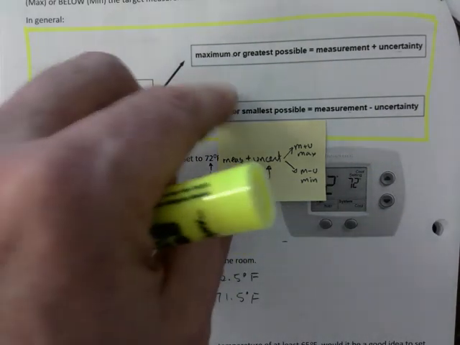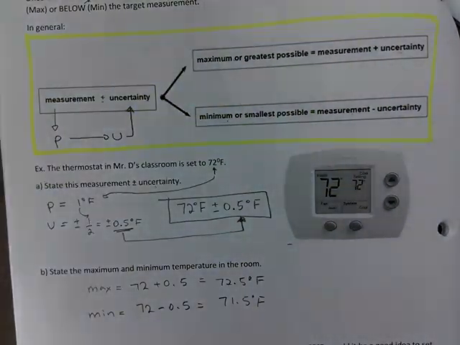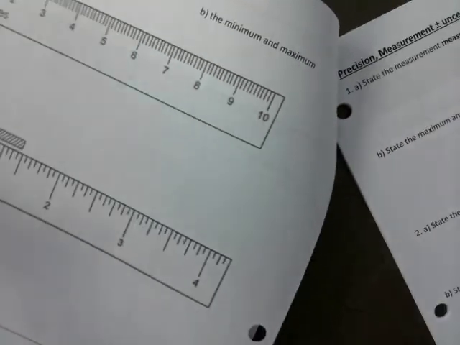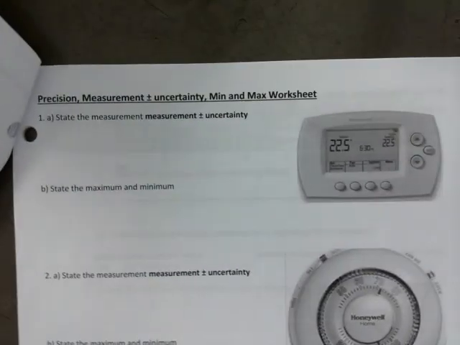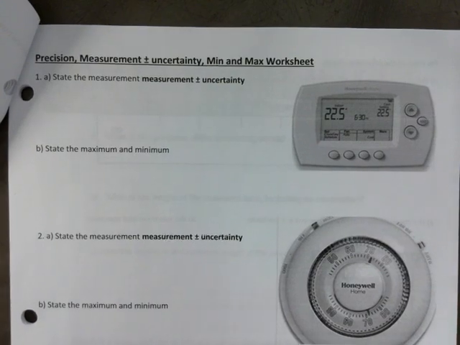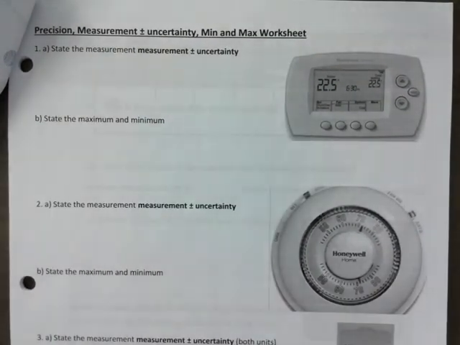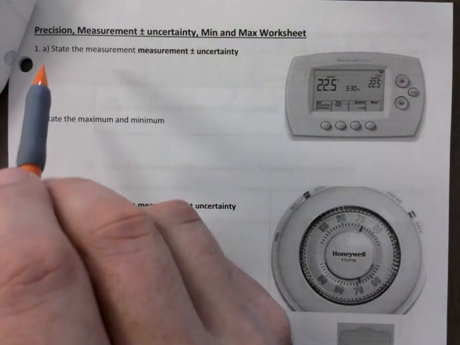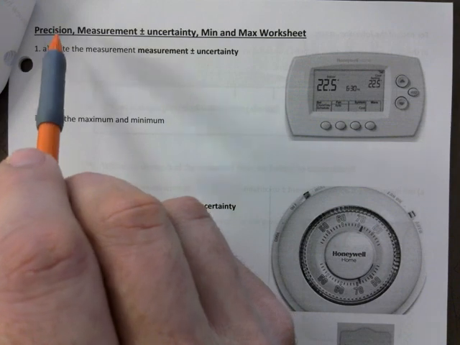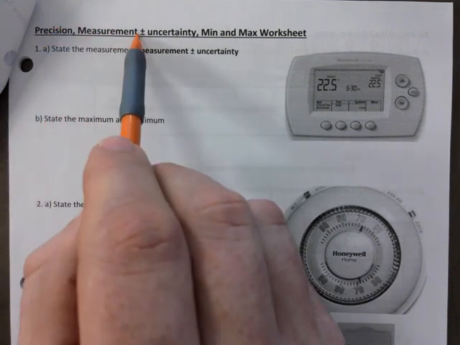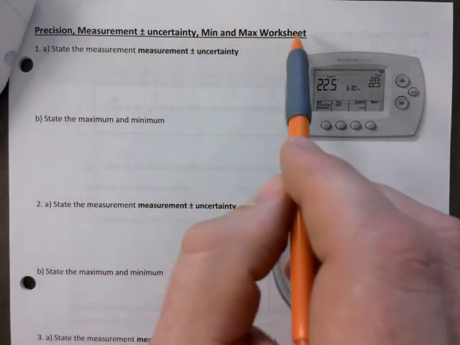Okay, so come with me. I'll do the ruler tomorrow. Come with me to page 20 right now. Precision, measurement plus or minus uncertainty, min, max worksheet.